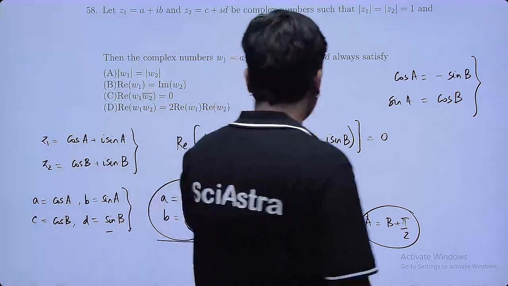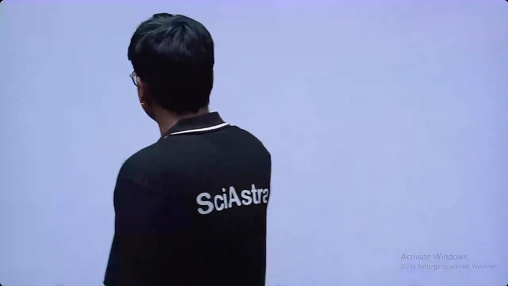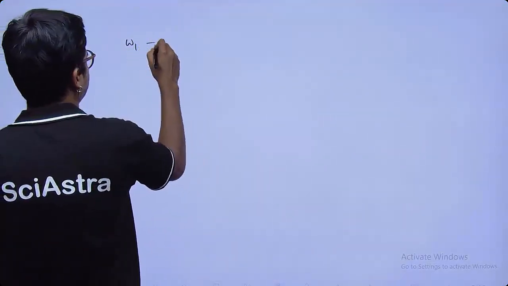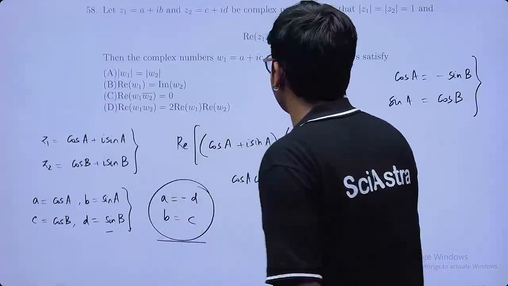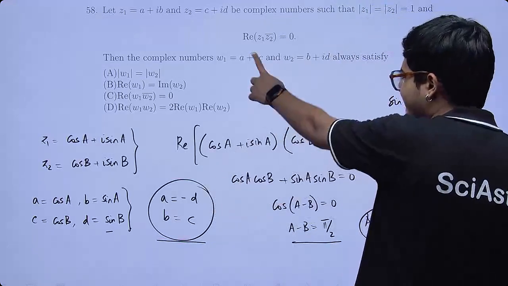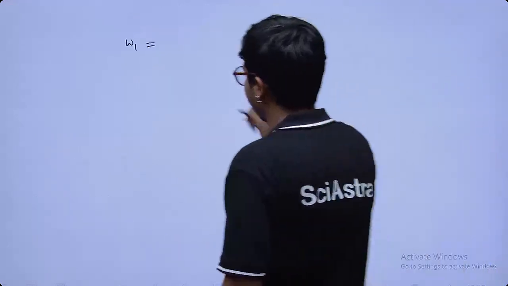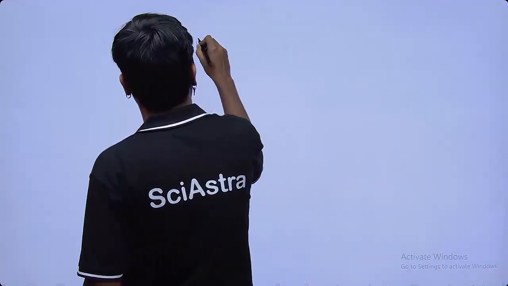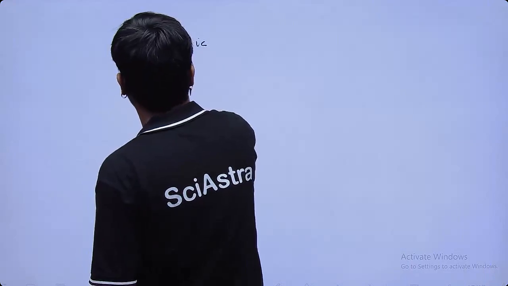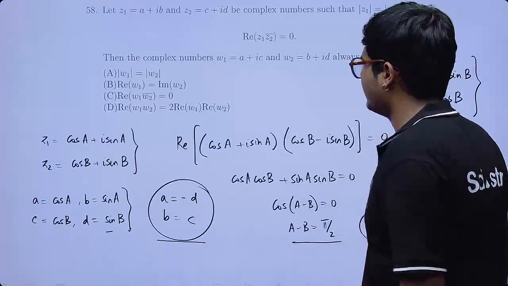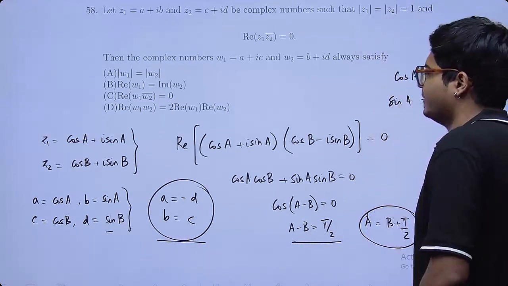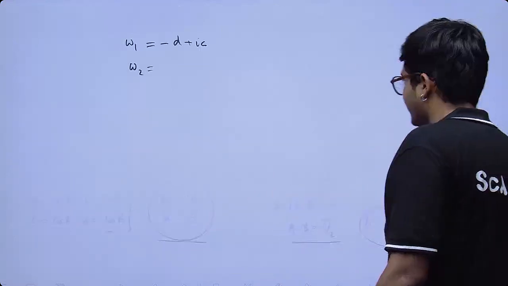Now let's look at W1 and W2. Here w1 is a plus ib, so that's minus d plus ic, right? And W2, I'm taking everything in terms of c and d, okay? b is c, right? So c plus id.